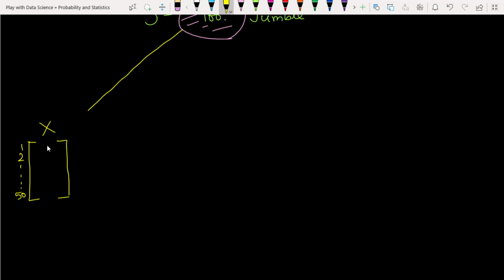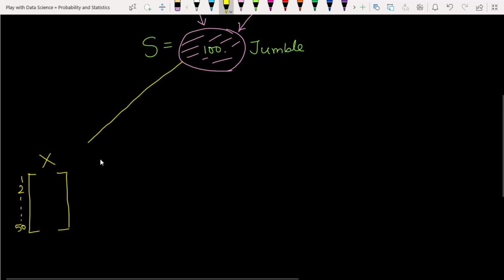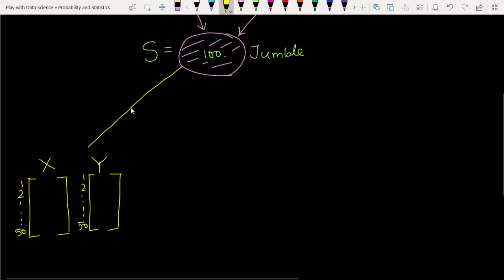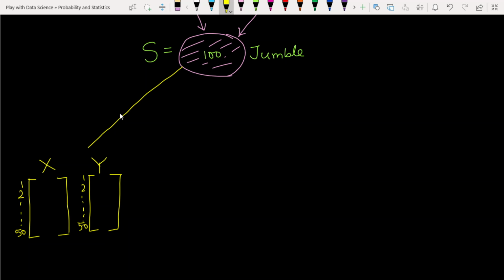The remaining 50 points we put into Y, Y1 up to Y50.